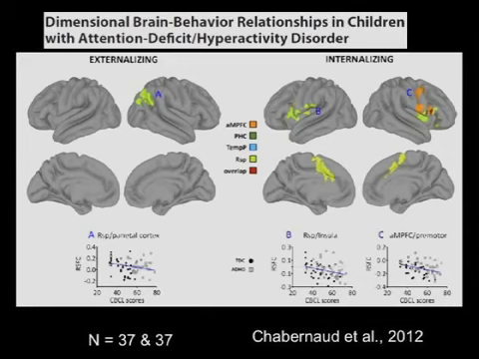And here, Camille Chaverneau, who was a postdoc with us from France, found a number of different things. So for some relationships and for some measures, it didn't matter whether the children were typically developing controls in these dark dots or ADHD kids in the lighter ones. The same relationship seemed to hold between their score and the strength of the connectivity, which are plotted in these sort of hard-to-see khaki colors here for the posterior intraparietal lobule.